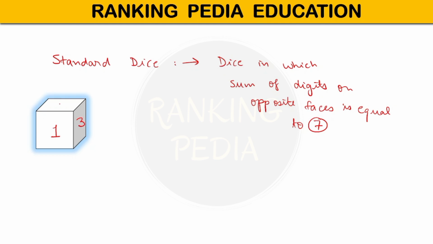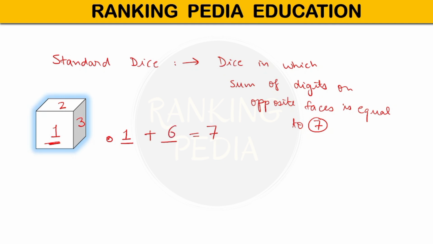Now if I talk about what comes on the opposite face of 1, in order to find that, as I have said, the sum of two opposite faces must be equal to 7. So suppose over here it is 1, what number should come over here that makes the sum equal to 7?